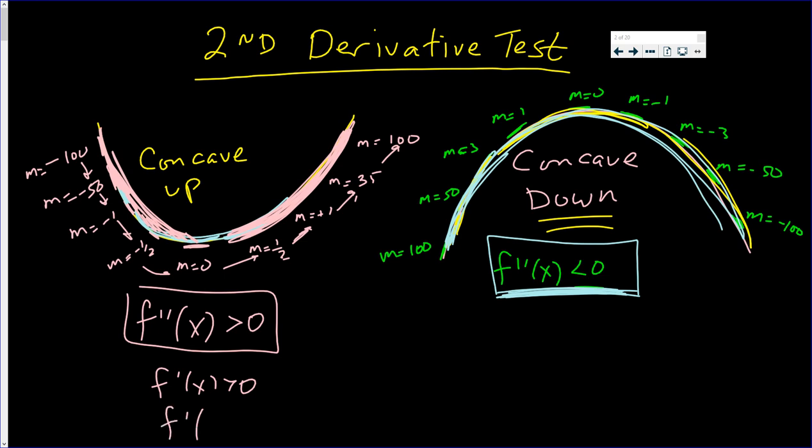That is, when the second derivative is positive, the first derivative could be positive or negative. Knowing the second derivative does not tell you anything about the first derivative.